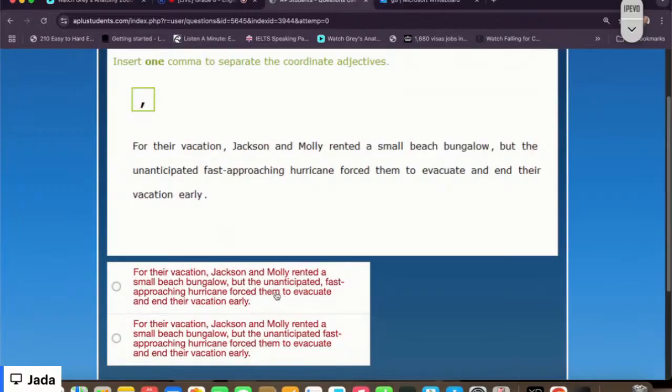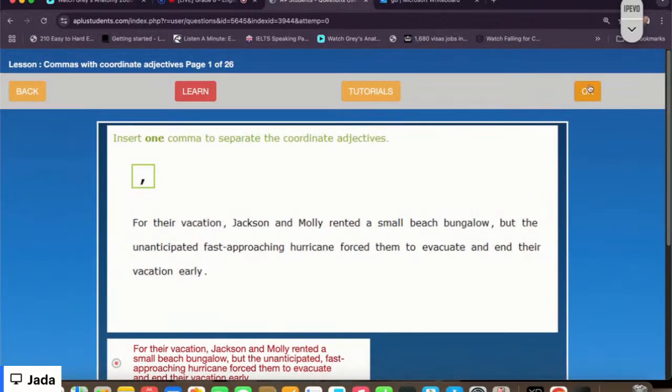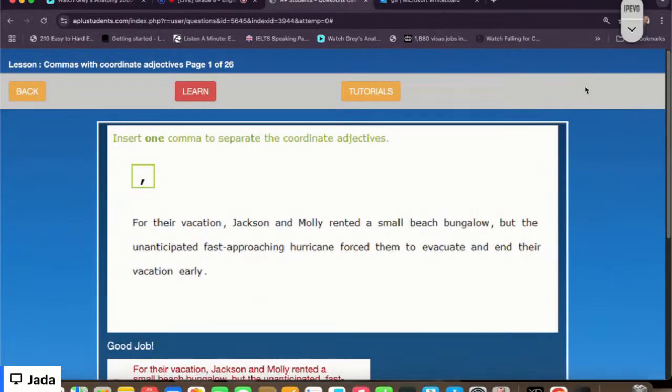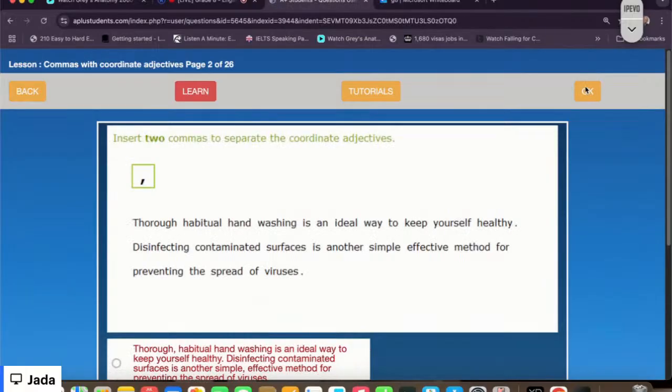So we have unanticipated, fast approaching. That is the adjective pair, and we can put a comma in between, and it still works.